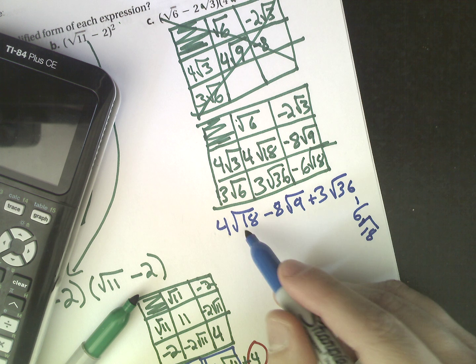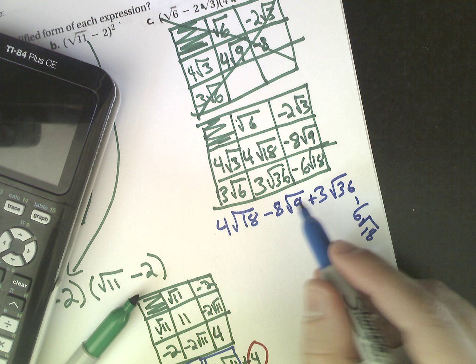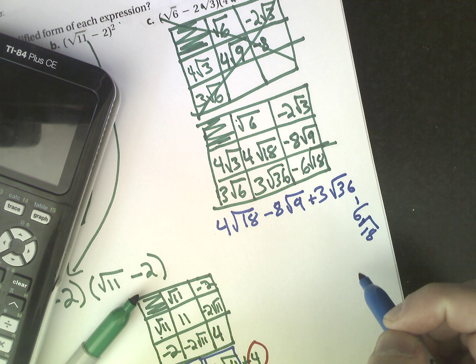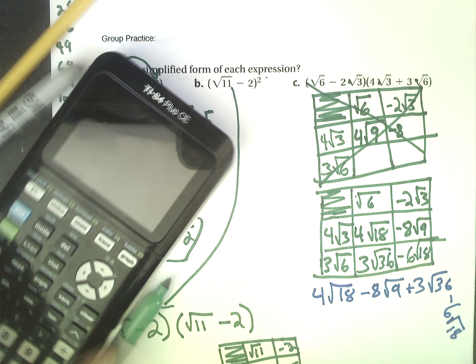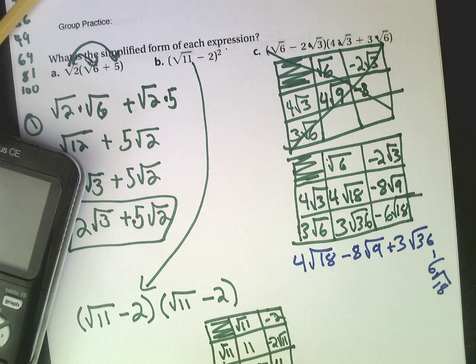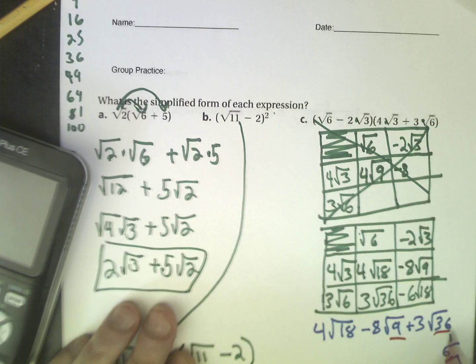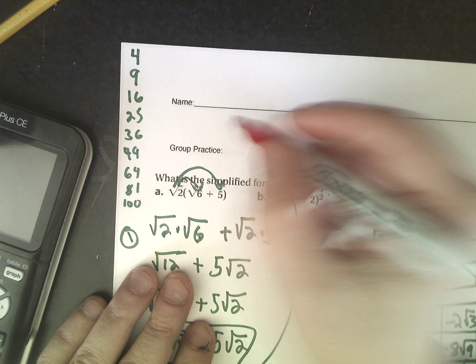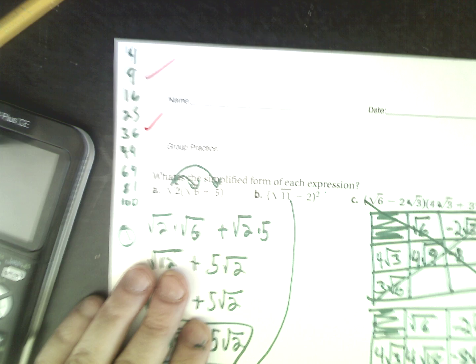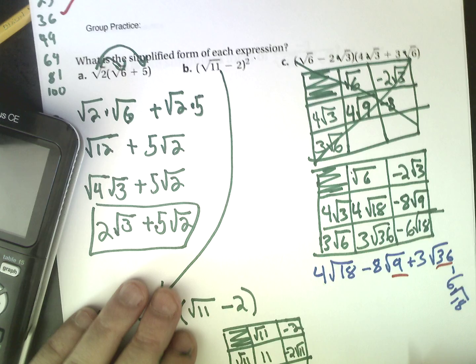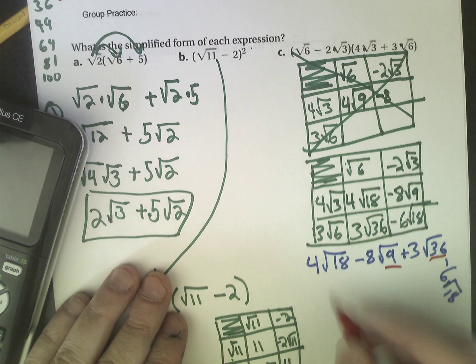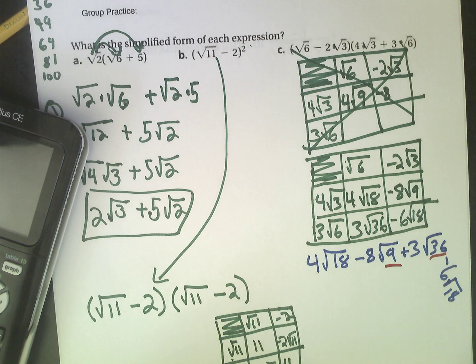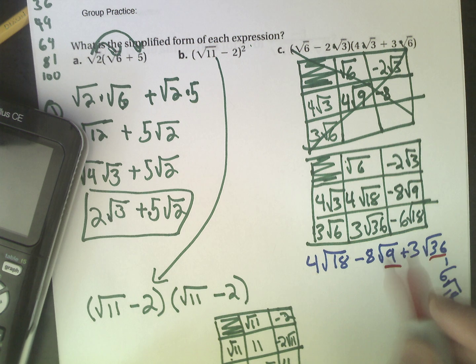I could start simplifying some of these here. If you notice right away, 2 numbers stand out at me. They're like screaming at me. They're saying, Flans, look at us. And those numbers are 9 and 36, because I know 9 and 36 are 2 of my perfect squares. So these become much easier right away. So let's work with those.